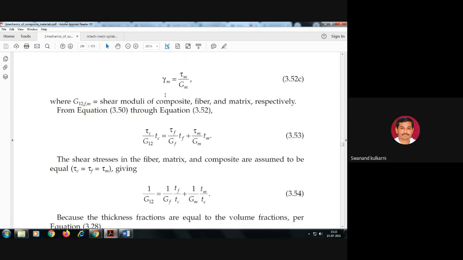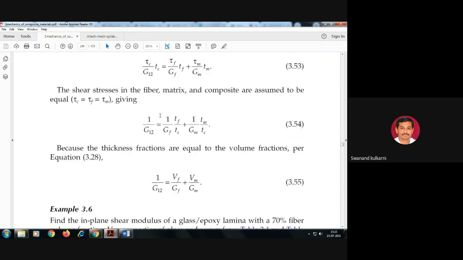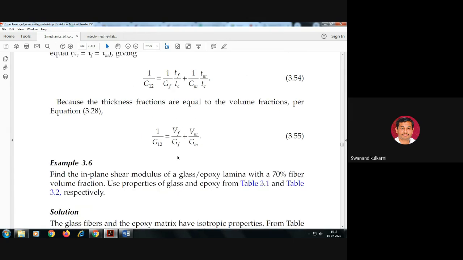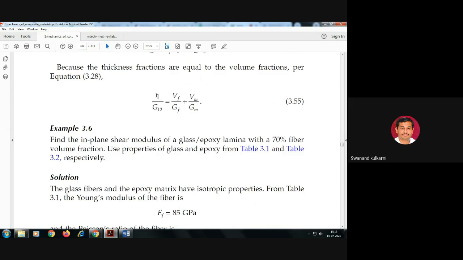If we substitute all the values here, then 1 upon G12 is calculated as Vf upon Gf plus Vm upon Gm. That represents the shear modulus of the composite material, given as volume fraction of fiber upon shear modulus of fiber, plus volume fraction of matrix upon shear modulus of matrix.